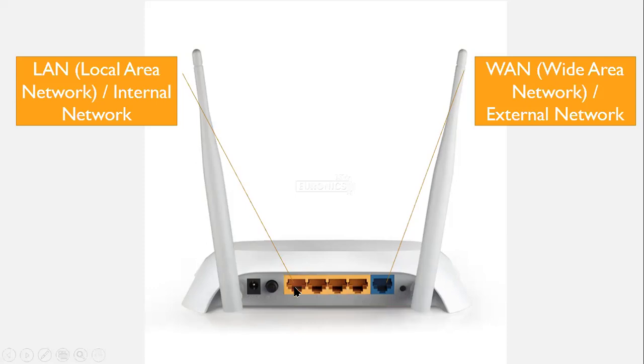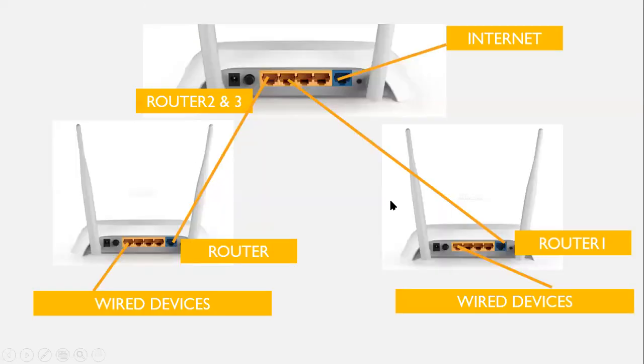But if you're using this in multiple networks in your company, this is where you connect the external network, and this is used for the internal network. Now, looking back at our diagram earlier, we have a main router connected to 2 routers.